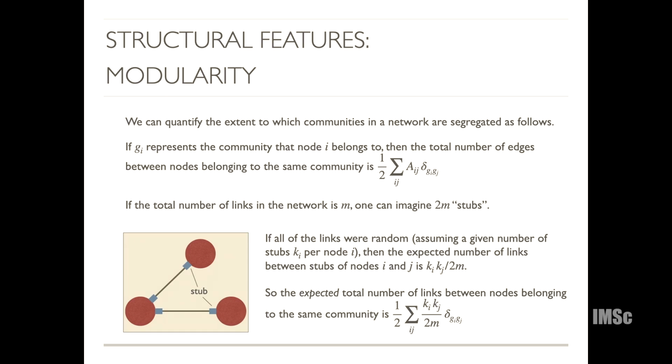Then what will be the expected number of links between stubs of node i and node j? Well, that's very simple. That's basically just ki times kj by 2m, okay? That's clear, right?